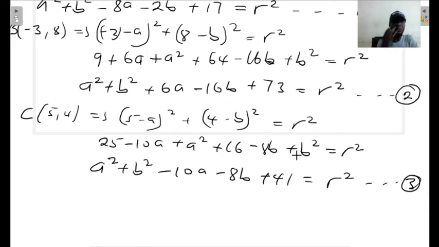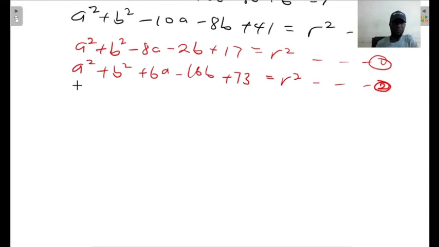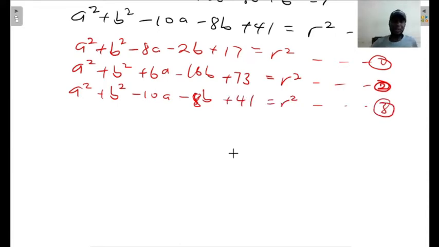Alright. Now just write the equations closer to one another. Then we use them. We solve them simultaneously. Now that we have the three equations here, we are going to now solve them simultaneously.